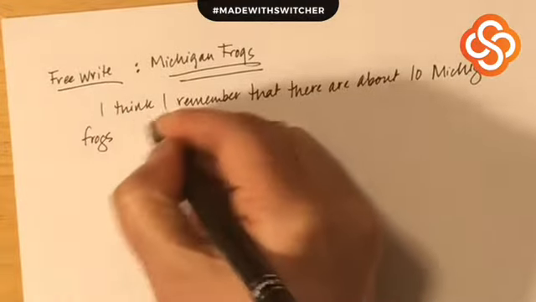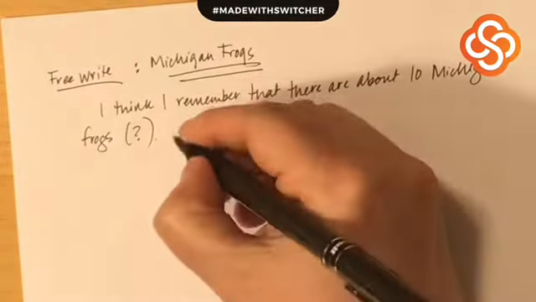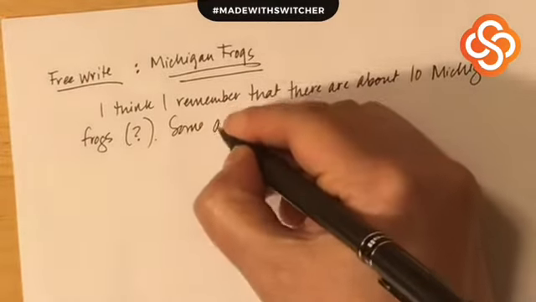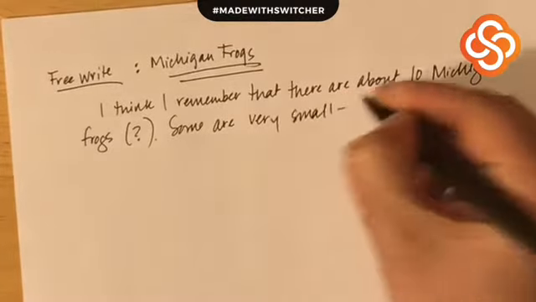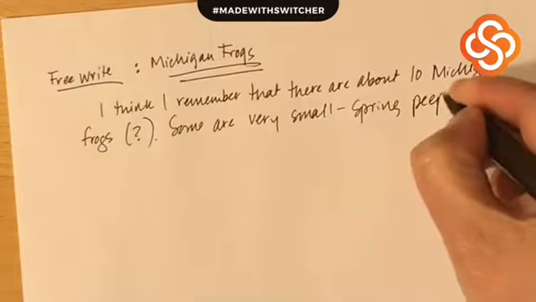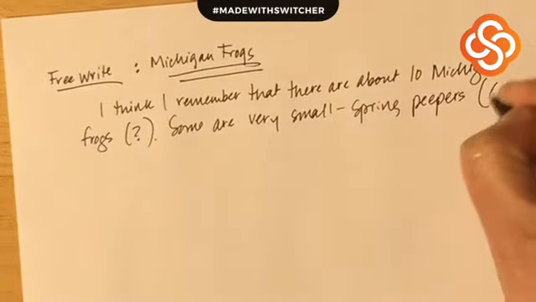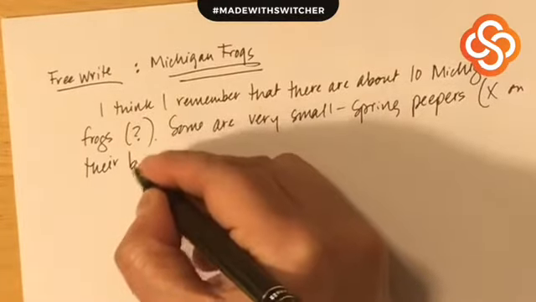So I'm going to put a question mark there because I'm not 100% sure. Some are very small. I'm thinking of the spring peepers, which are very small. And the spring peepers, they have an X on their backs. So I know that. X on their backs.